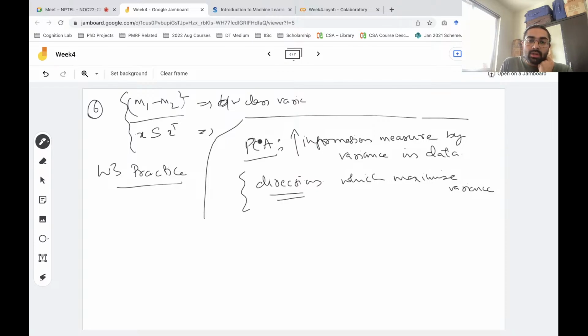So if you plug in the math for all of this and solve it, you end up getting the directions which are basically your eigenvectors. But eigenvectors of what? Eigenvectors of the covariance matrix.